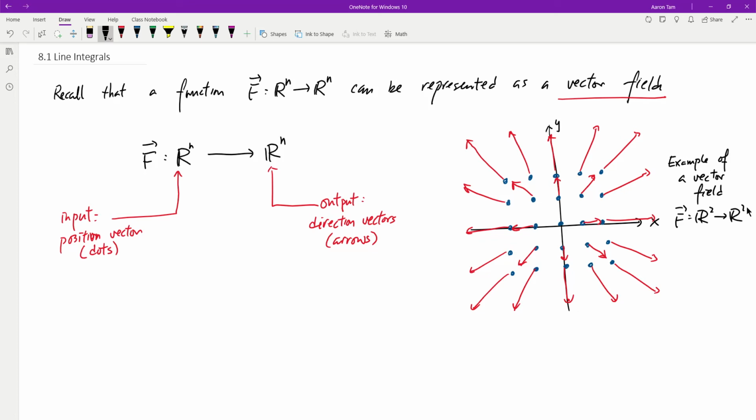Now that's not new to you because you have seen this back in chapter 5. It's the first thing I taught you in chapter 5. We talked about the gradient field, where I showed you that the gradient is technically a function mapping from Rn to Rn, and therefore in order to graphically represent the gradient, we have to draw it as a vector field where you separate the domain and the range as two separate geometrical objects.